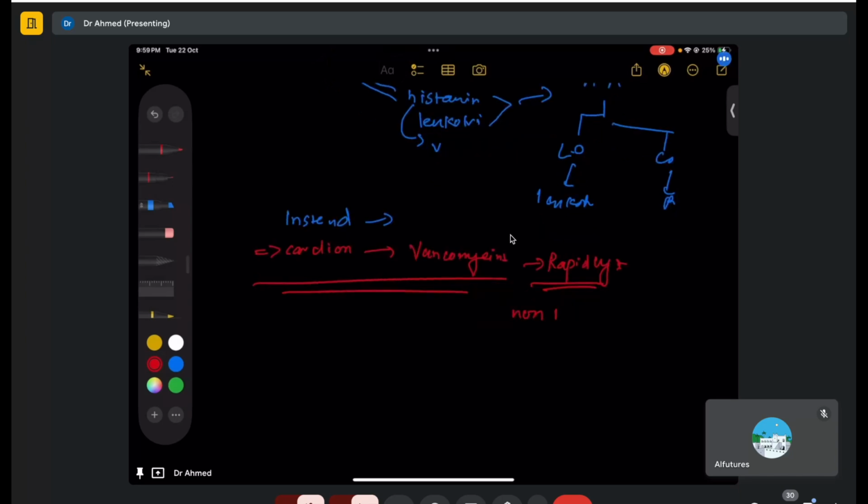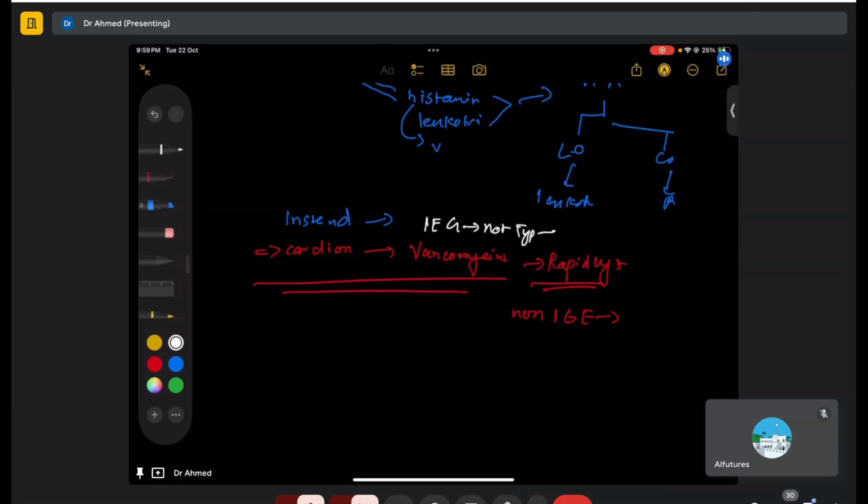So if it's non-IgE mediated, can I call it type 1 hypersensitivity or not? No. Whenever it is IgE independent, it's not type 1 hypersensitivity. Some opioids can also give you non-IgE dependent histamine release, so it's not type 1 hypersensitivity, but you are going to see degranulation of your mast cells.